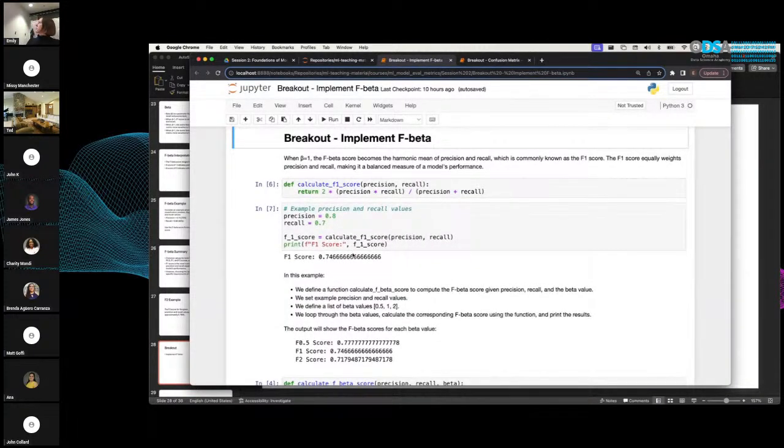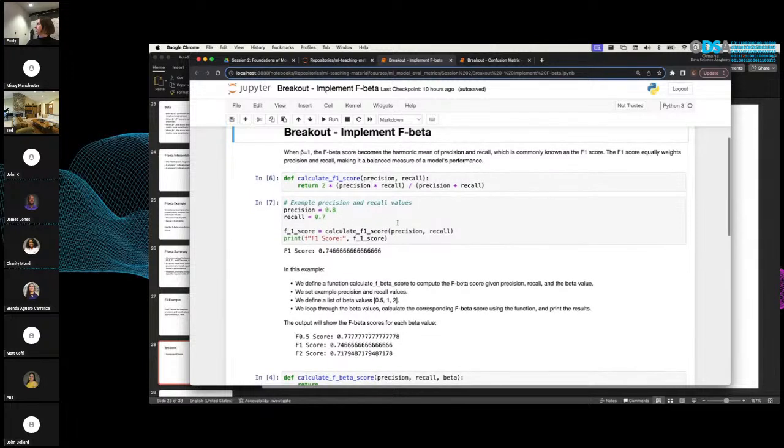In this notebook, I'm describing the F1 score. You don't need to do anything at the top here. I'm just implementing this for you. So I'm saying 2 times the precision times the recall over the precision plus the recall, and that calculates our F1 score. So given 0.8 and 0.7, for example, here is the F1 score.